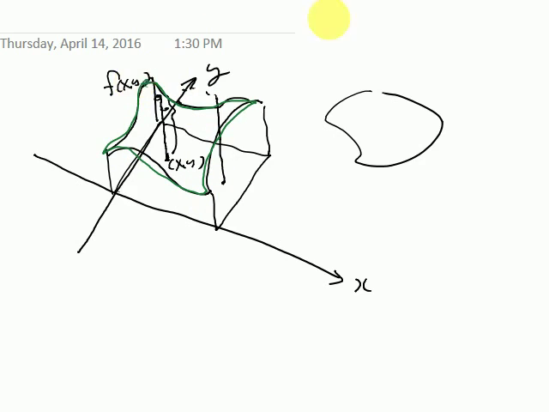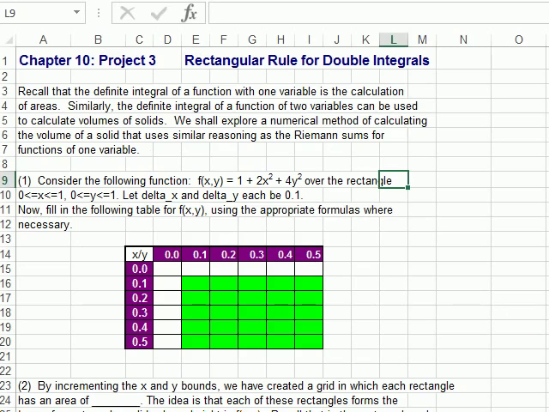If you look at this one, the given function is like that, and we are looking for function values at each of these points. Imagine each cell is a representative of a point on that given domain. Now the domain is 0 to 0.5 and 0 to 0.5 in this case.